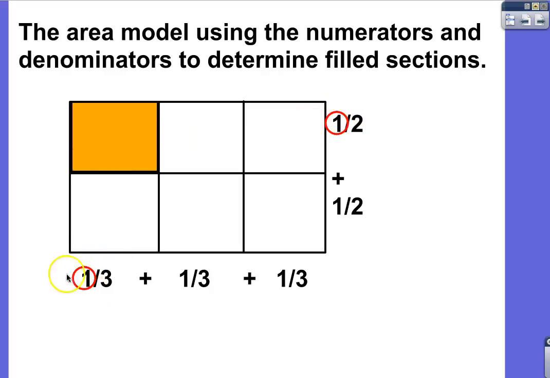And this shows me how many sections of the 1/3 section I'm going to shade in, and I'm only going to shade in one. So the area model for 1/3 times 1/2 is 1/6, and that's what I have shaded in here, 1 out of 6.